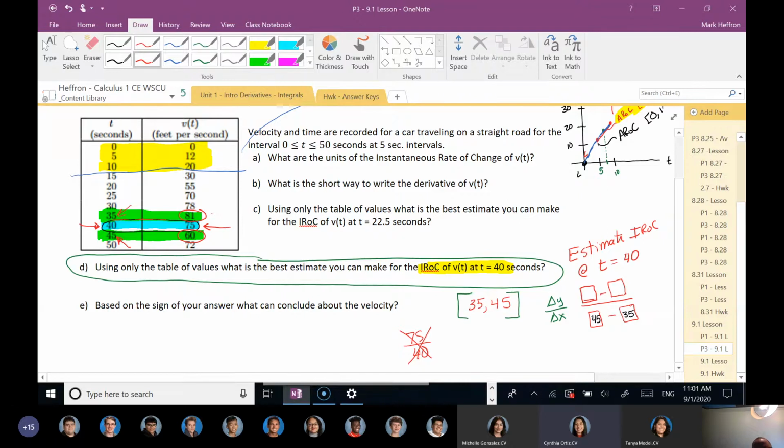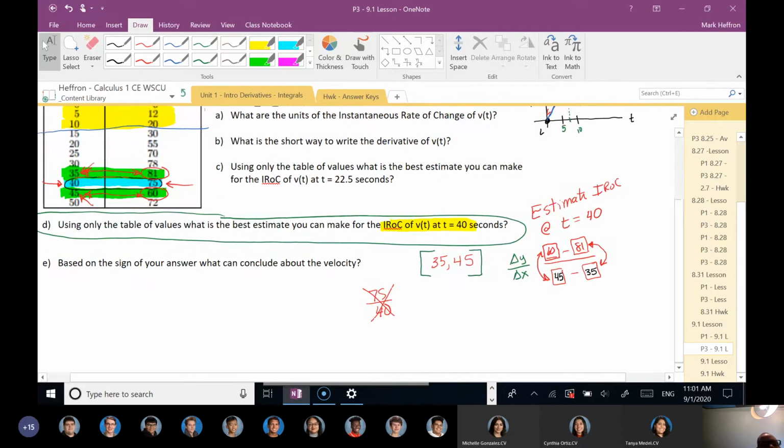No, I think I was right. Because the 60 goes with the 45, doesn't it? Yeah. And the 81 goes with the 35. So as we look, these should match up, numerator and denominator.